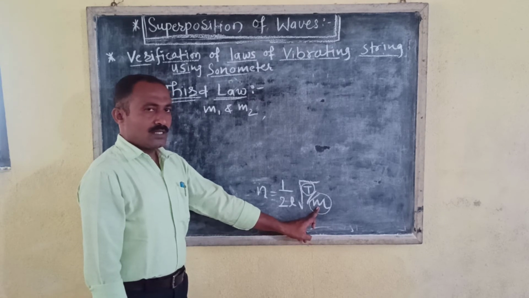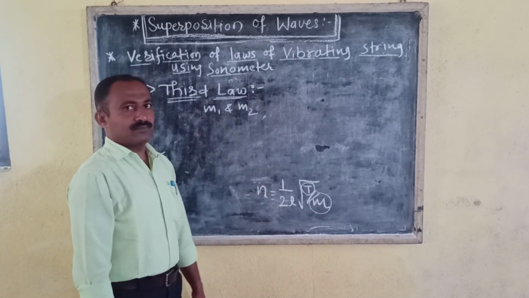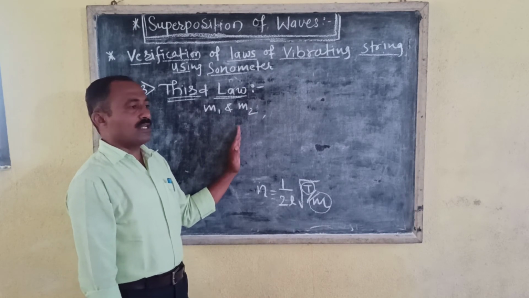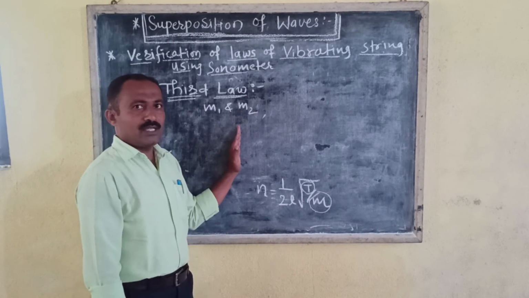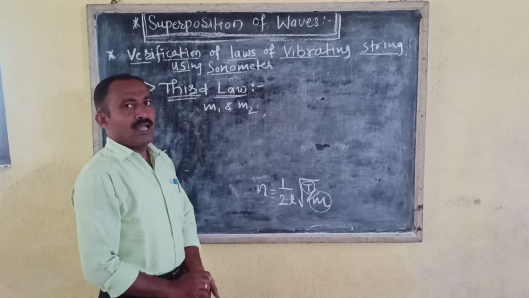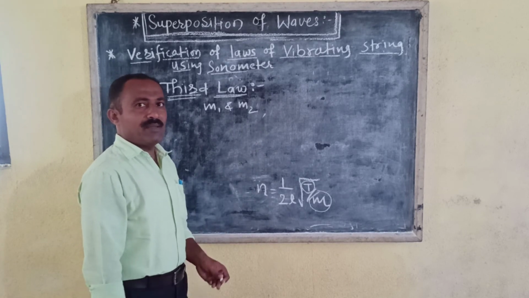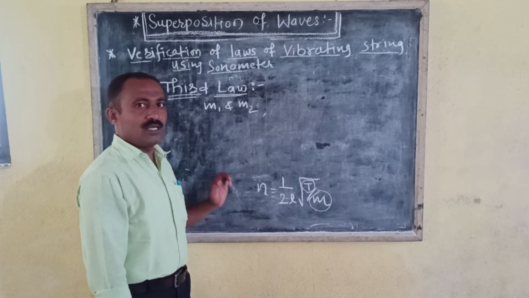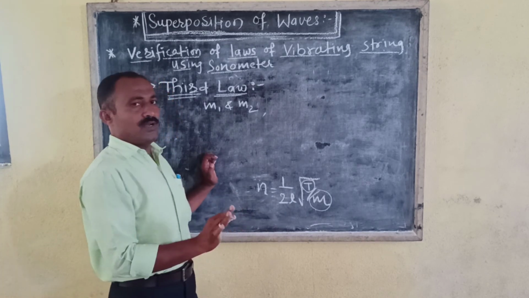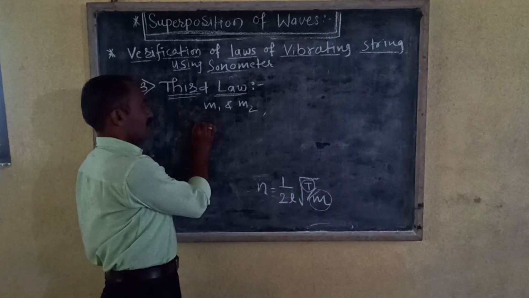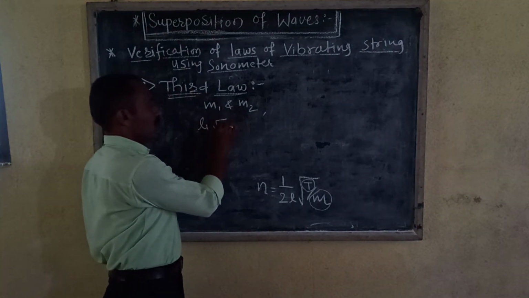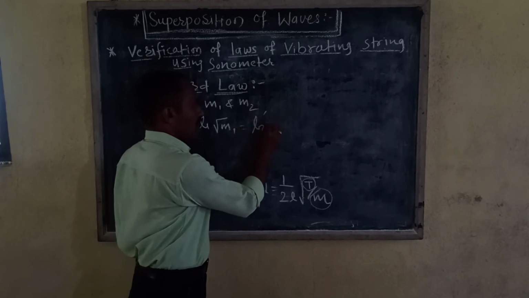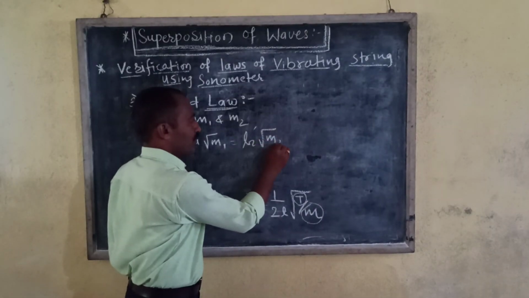Later on, the second wire having linear density M2 is set into vibration in unison with the same tuning fork, and the corresponding vibrating length L2 is measured. It is found that the product L1 under root of M1 is equal to L2 under root of M2.